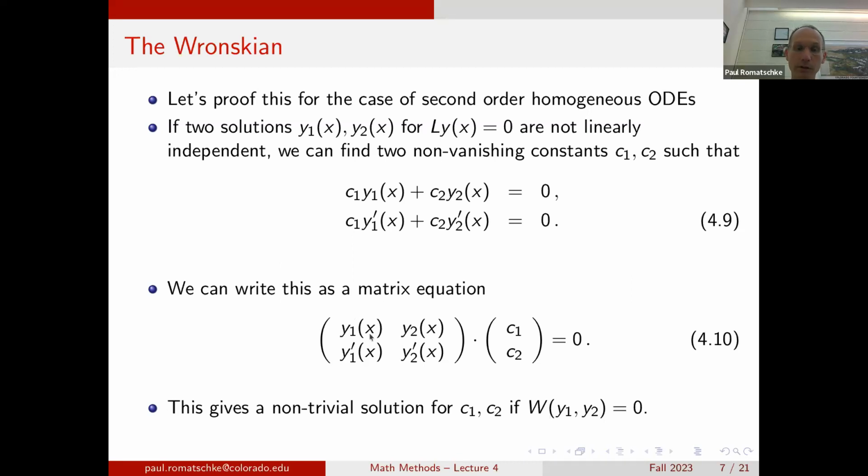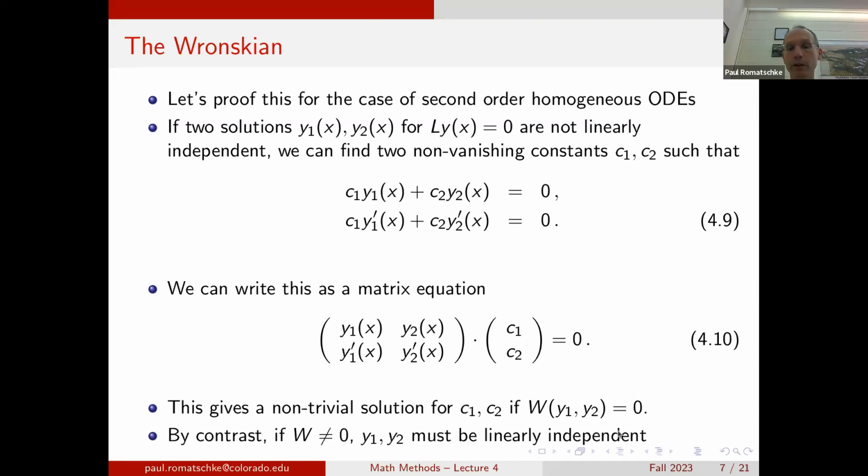Of course, the determinant of this matrix is nothing else but the Wronskian for a two-solution basis. So we find non-trivial solutions for the coefficients c1 and c2 for the linearly dependent solutions if the Wronskian is exactly 0. By contrast, if the Wronskian is non-vanishing, we cannot find these two solutions for the coefficients c1 and c2. Hence, the functions y1 and y2 must be linearly independent.